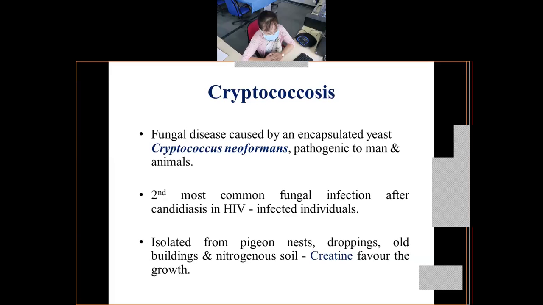This fungus naturally occurs in pigeon nest droppings, old buildings and nitrogenous soil. So it is also there in the environment. That is how immunocompromised individuals usually acquire the infection, because this is ubiquitous in nature. So easily a person who's immunocompromised can acquire the infection.